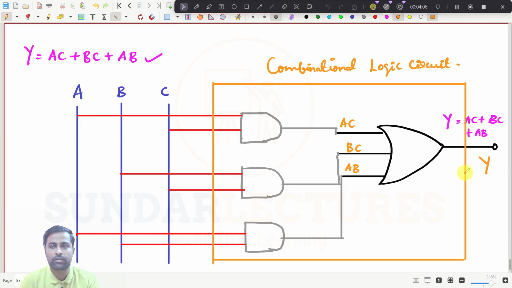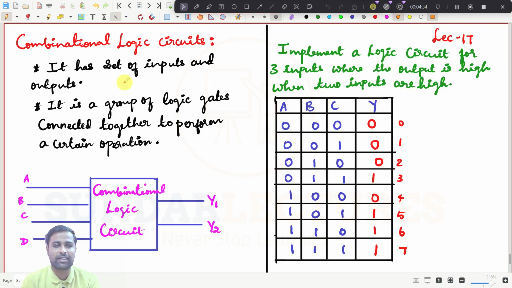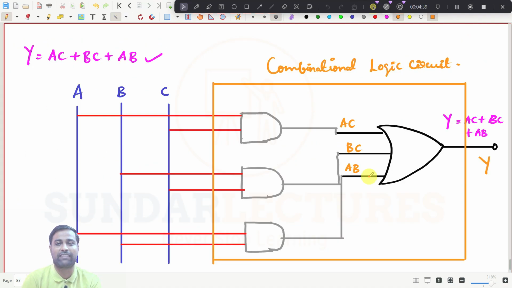It has a set of inputs and a set of outputs. Here we have only one output, and it is performing some operation. If you give three inputs, that means 000 or 001, whenever two inputs are high, the output becomes high. That operation is performed by these gates. We are calling it a combinational logic circuit. Can you understand? That is what we have seen as a definition.